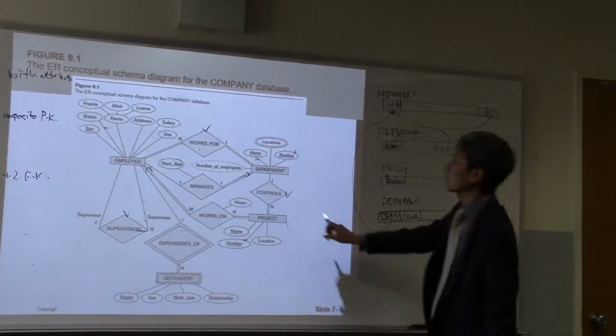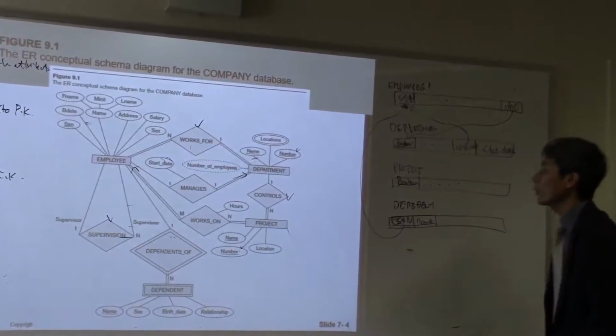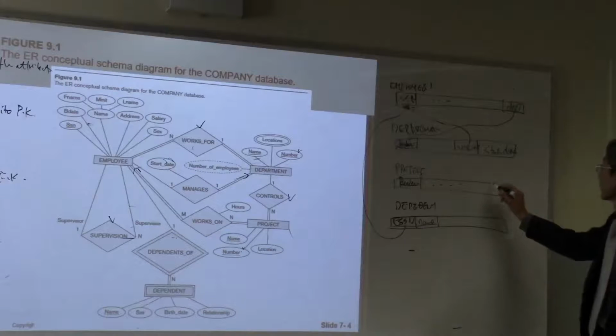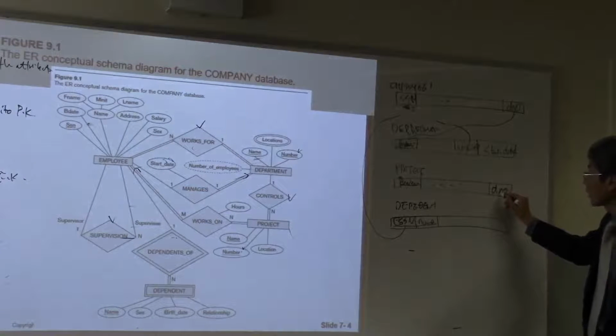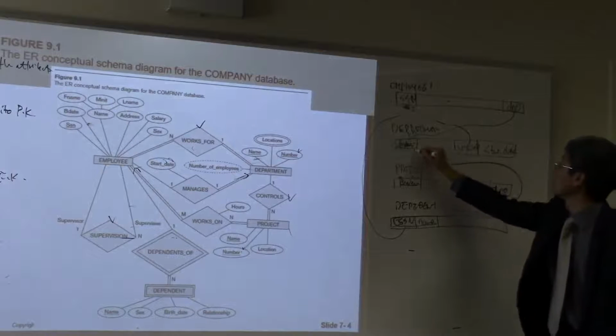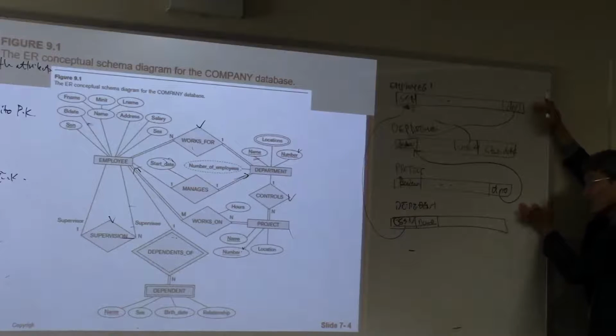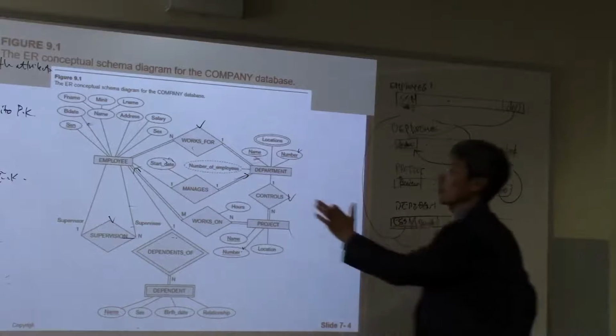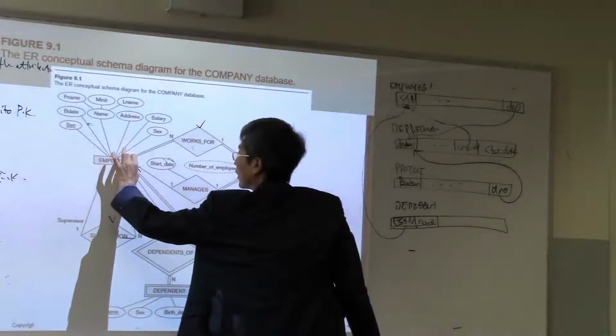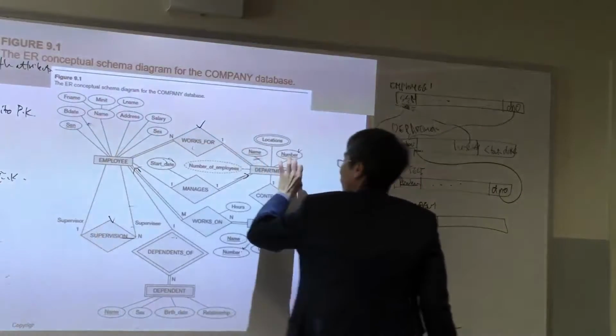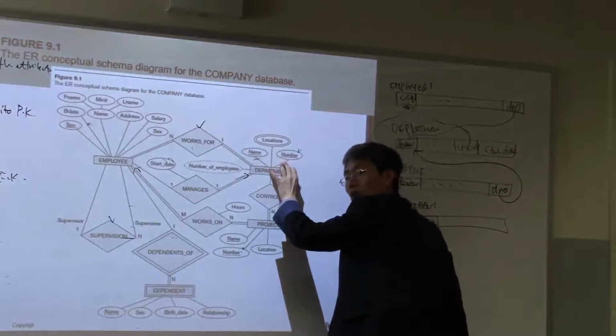And what about the control? So in the project, it's a DNO and controlling department. Like this. Be careful. Which one is the referencing? Which one is the reference? Referencing is each department number in employee refers to the number in department.